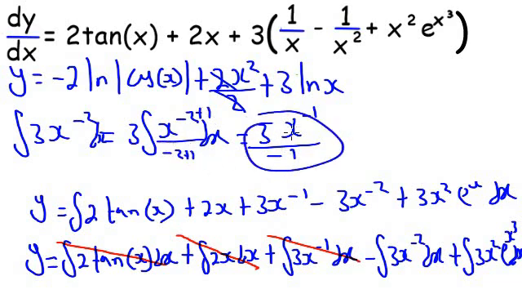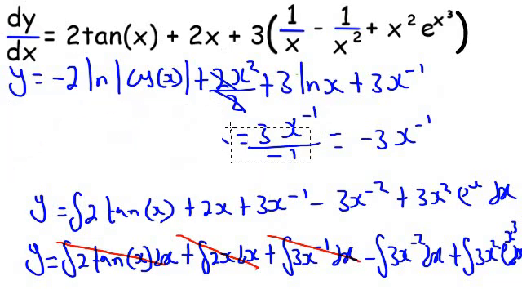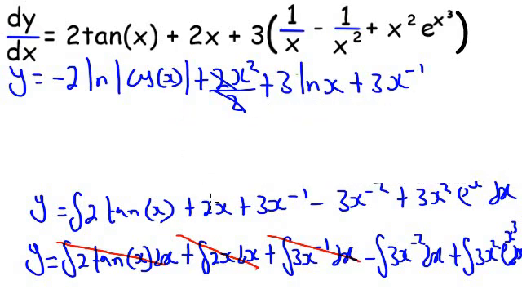So we should end up with this. Now, if we simplify this further, we can clearly have negative 3x to the negative 1. Now, a negative sign is outside the integration symbol earlier. If we multiply with this new one, then it makes the whole term positive. And therefore, we are attaching positive 3x raised to the negative 1. And that is it for that part as well. So let me cross that as well.